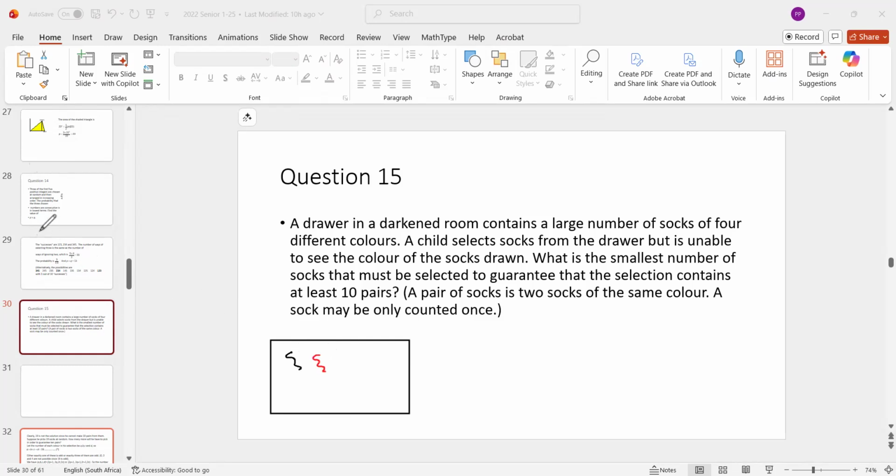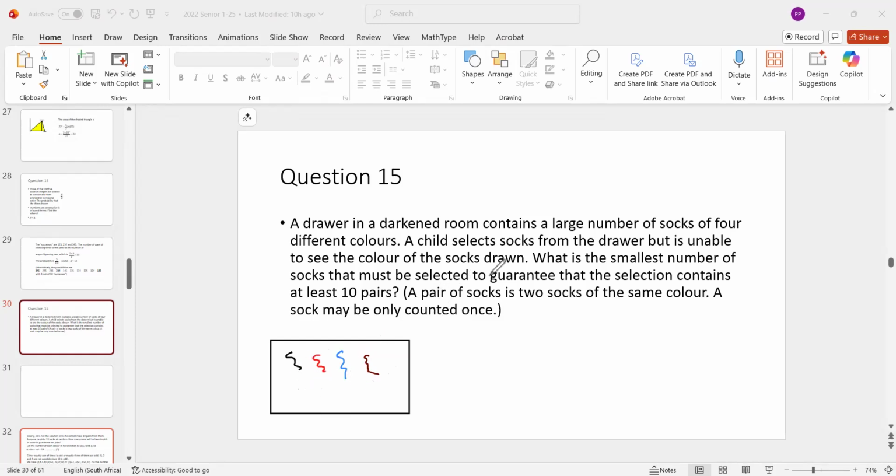I don't want to put white socks here because nobody will see it. Blue socks. Or you could have had maybe brown socks. So you got 4 different colors and they're all over the place.